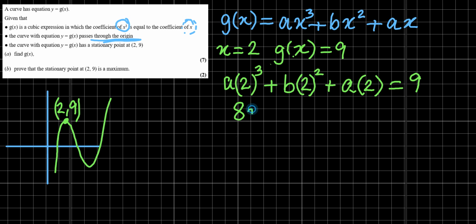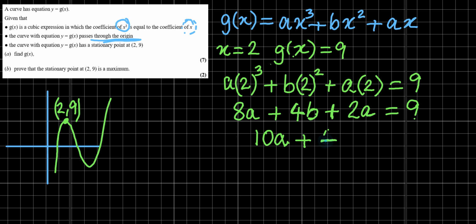So we would have 8a plus 4b plus 2a equals 9. We can simplify all that, so we have 10a plus 4b equals 9. So that's one of our equations.